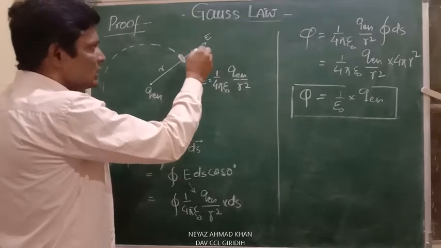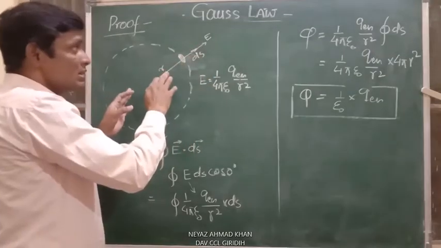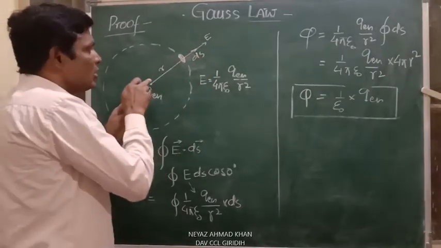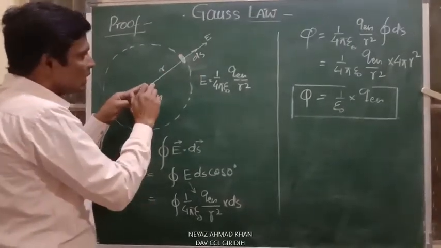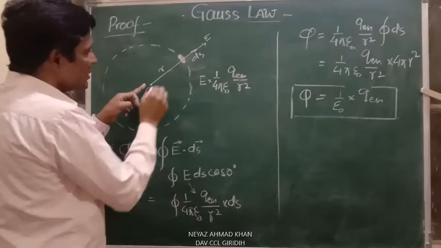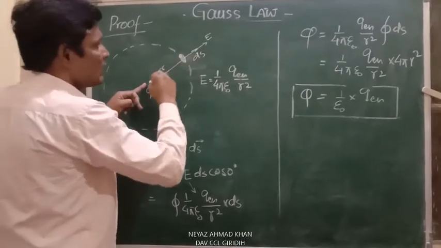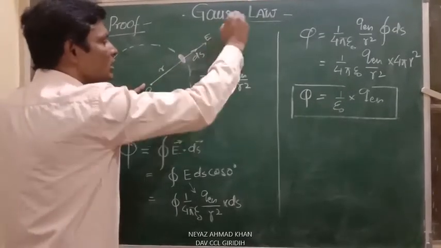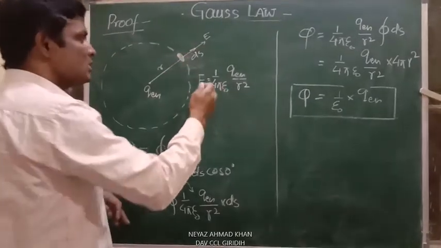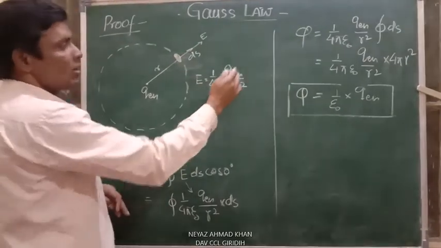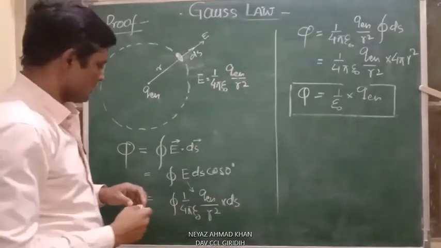Since it is a sphere, its direction will be normal, or radial, to the sphere, and the electric field intensity at this point because of this charge is again along the radius. Its value can be calculated using Coulomb's law: 1 by 4 pi epsilon naught Q enclosed by r square.